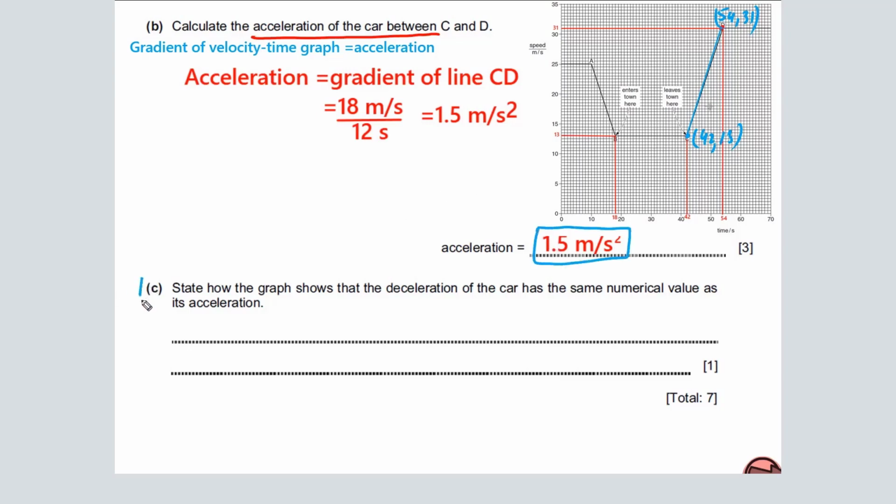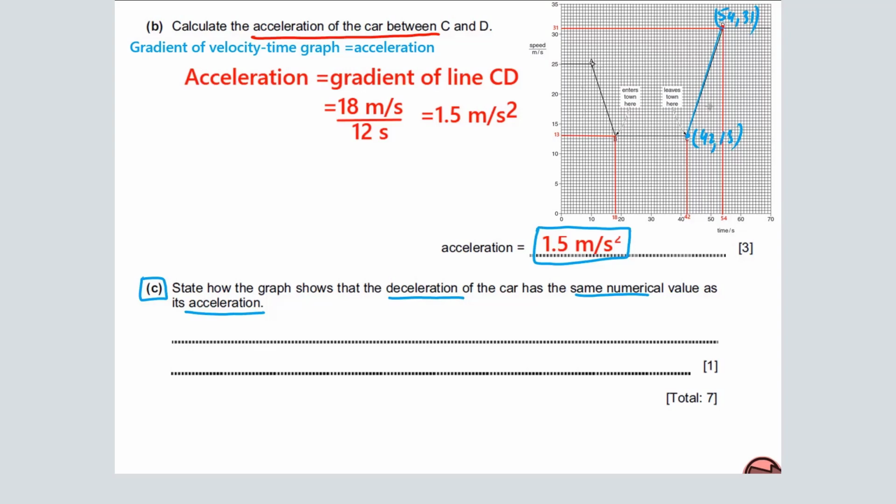Now the next one is part C. Part C is asking us to show how the graph shows that the deceleration of the car has the same numerical value as the acceleration. Again, we need to understand how we can find acceleration and how we can find deceleration. Let me highlight first of all.